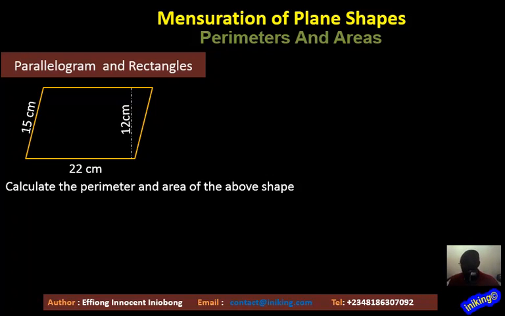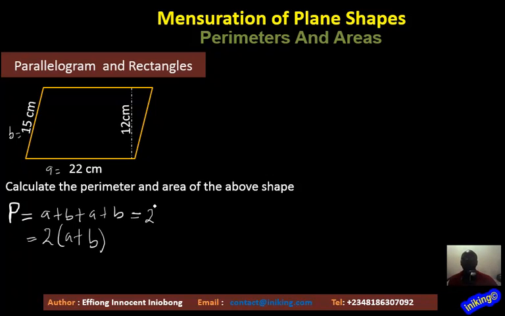We know that the perimeter of a parallelogram is simply what? Let's take this as our A and take this as our B. Perimeter is supposed to be A plus B plus A plus B, the total boundary length, which translates into 2 times A plus B. Let me erase this.